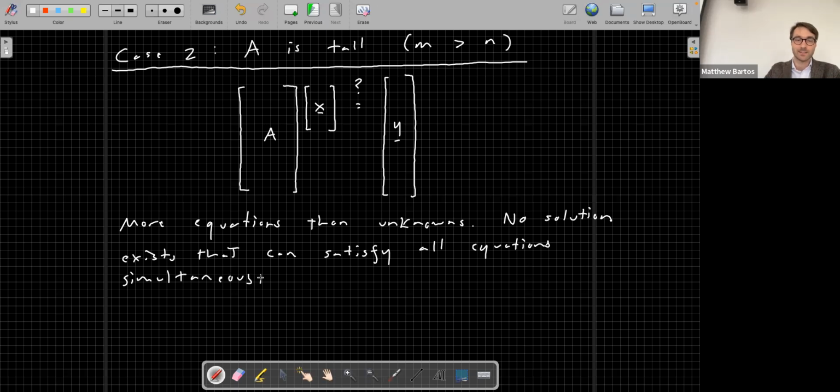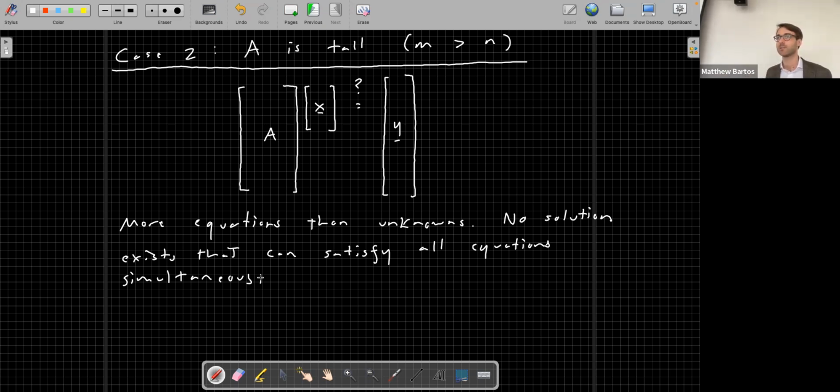So that is the nature of an overdetermined problem. There are more linearly independent equations than unknowns, and therefore there is no vector X that can satisfy this system of equations and make Y equal to AX.